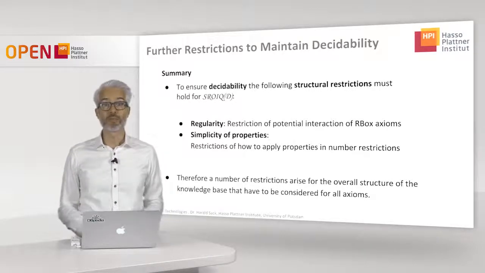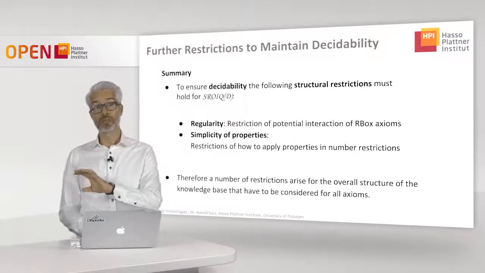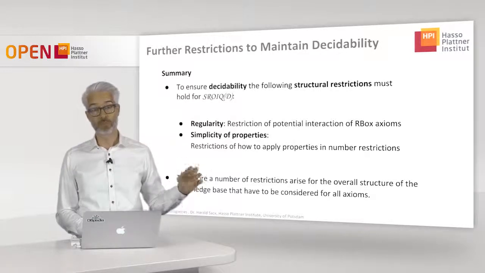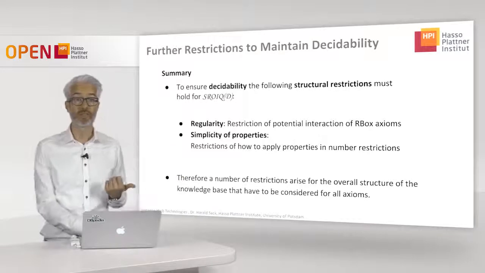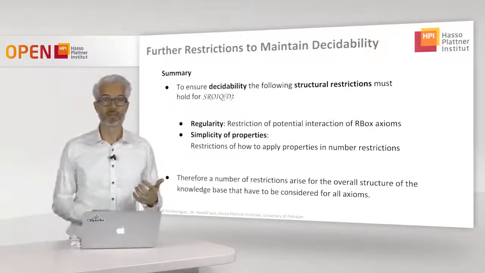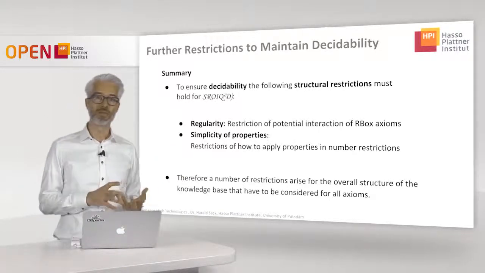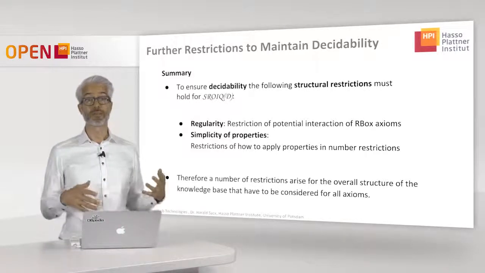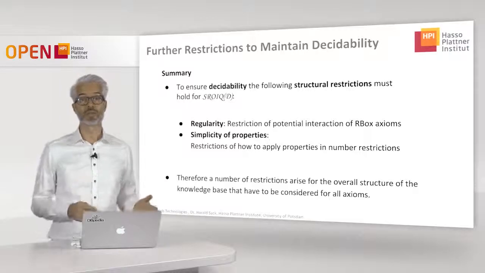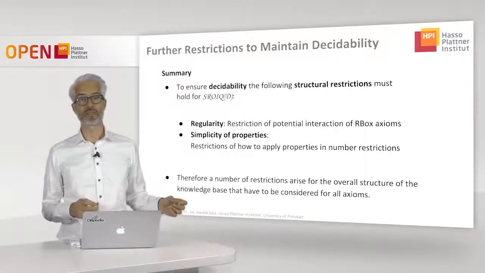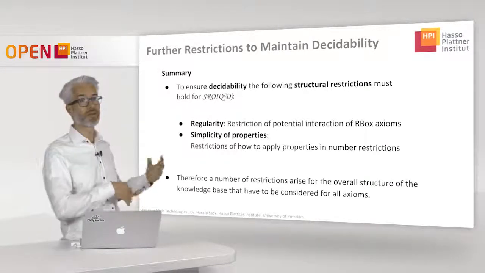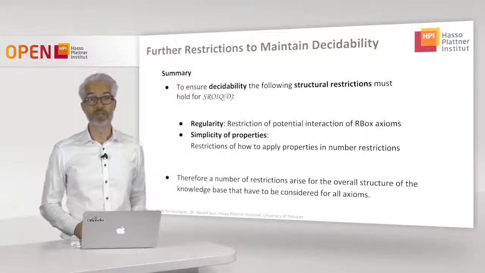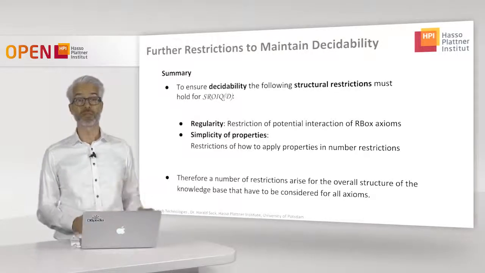So to sum it up, to ensure decidability, the following structural restrictions must hold for SROIQ D, which is first the regularity. So we restrict the potential interactions of all the available R-box axioms. And the other thing is, of course, the simplicity of properties. There we have restrictions of how to apply properties, for example, in number restrictions, and which other restrictions can be applied on simple or non-simple properties.